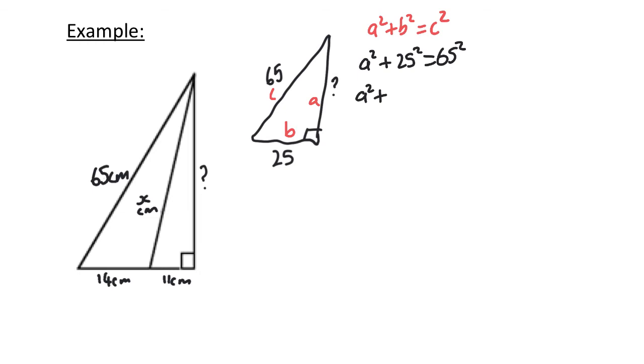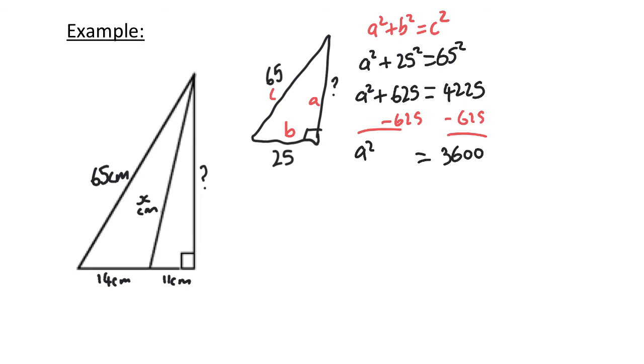A squared plus 625 is equal to 4,225. So now I need to take away 625 from both sides. And I get that a squared is equal to 3,600. And then a is going to be the square root of 3,600. So a is going to be 60. So I now know that the height is 60 centimeters.